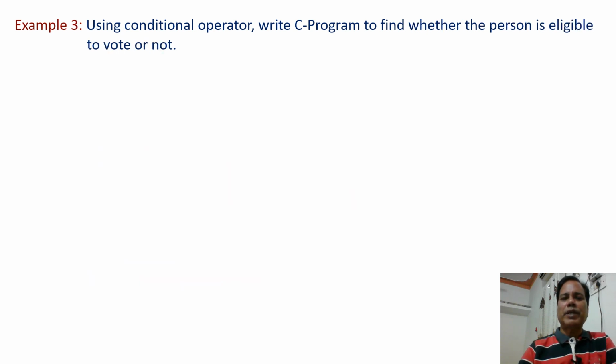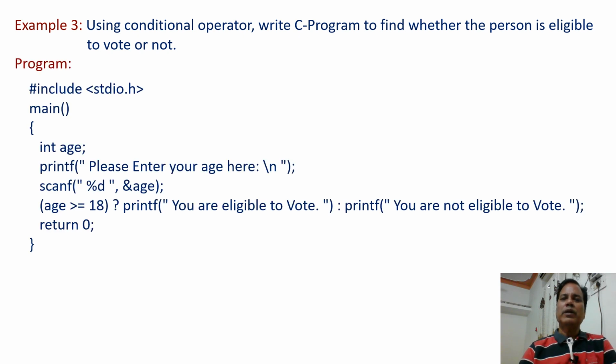Then the next example is using the conditional operator. Write a C program to find whether a person is eligible to vote or not. Naturally, whether a person is eligible or not depends on his or her age. So taking his or her age, we have to declare the variable. In this program, int age, this variable is declared.